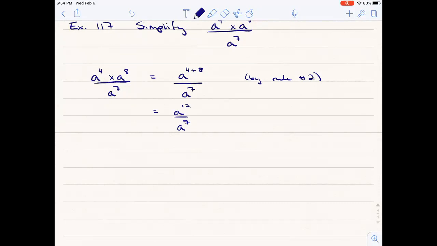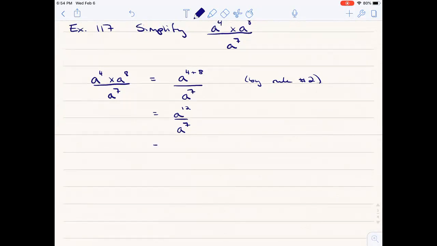Okay. So now I can bring up this a to the power of 7 from the denominator to the numerator just by making that 7 negative, right? The power negative. So this becomes a to the power of 12 times a to the power of negative 7. By rule number 8.